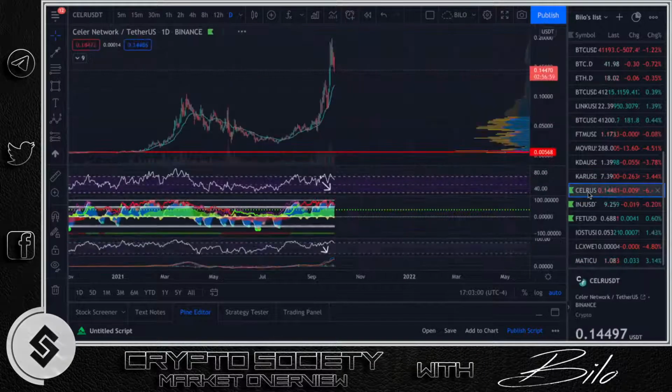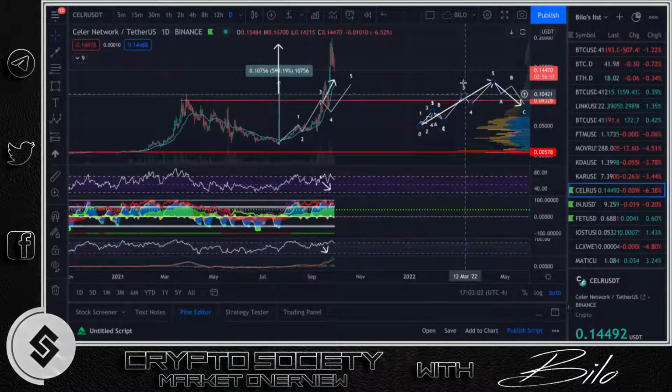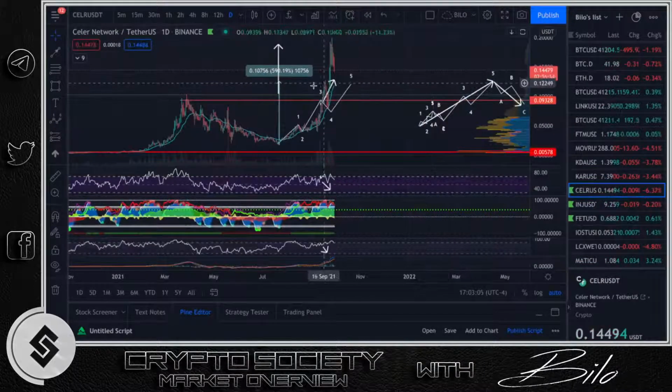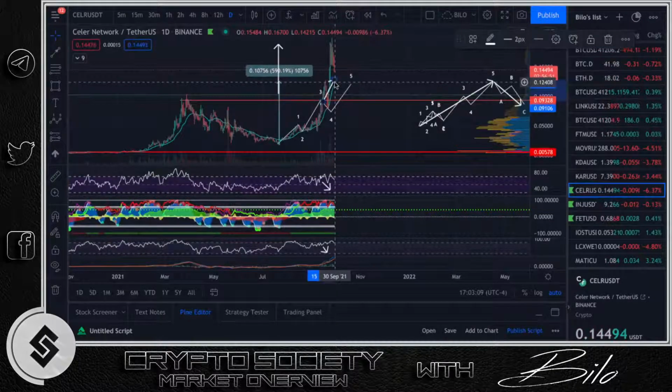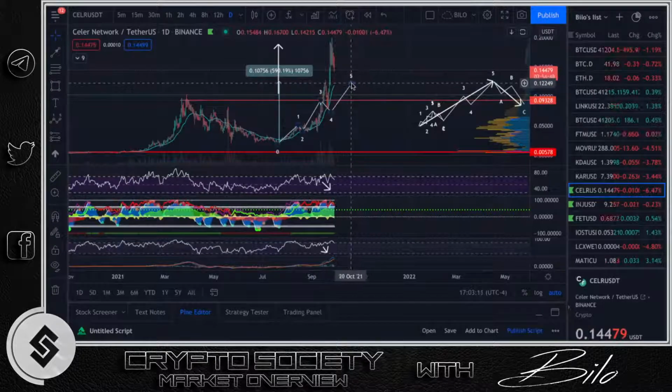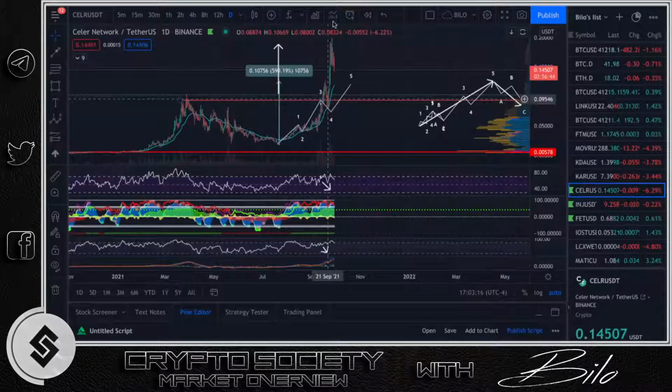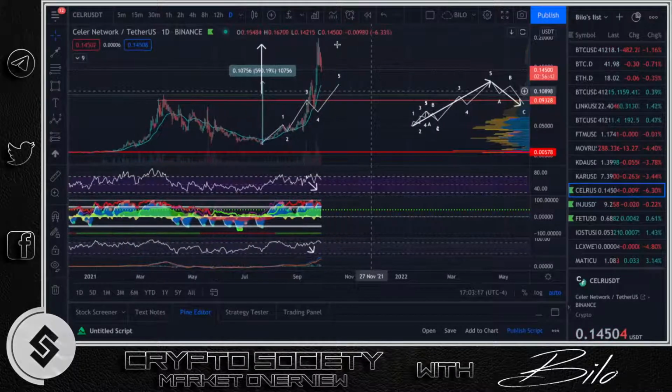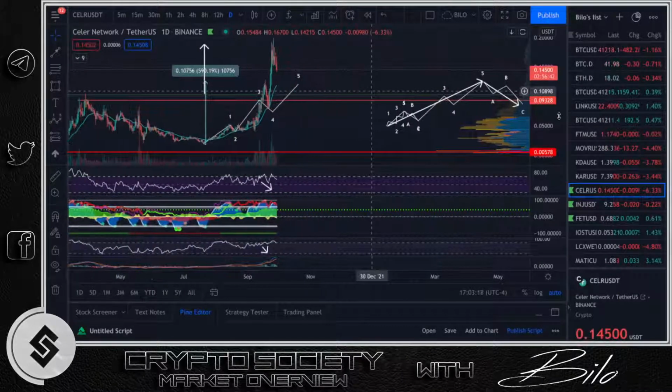Yeah, that was what I was going to ask you to do a wave count on, actually, because it's seen a bit of downwards action now. So this was my previous wave count. This is an ABC, and we started a new cycle. I was looking on the 4 hour, to be fair.